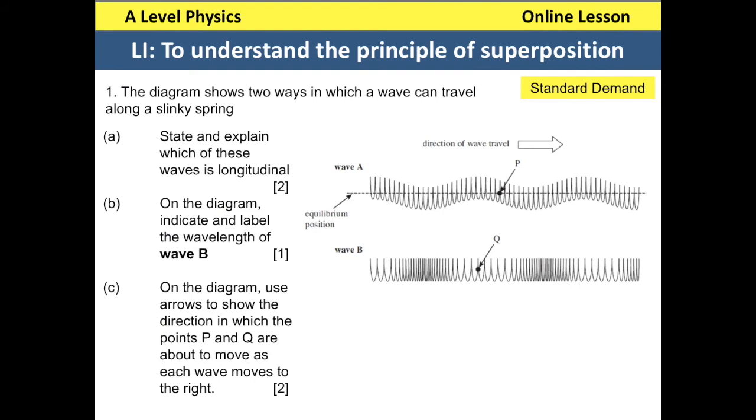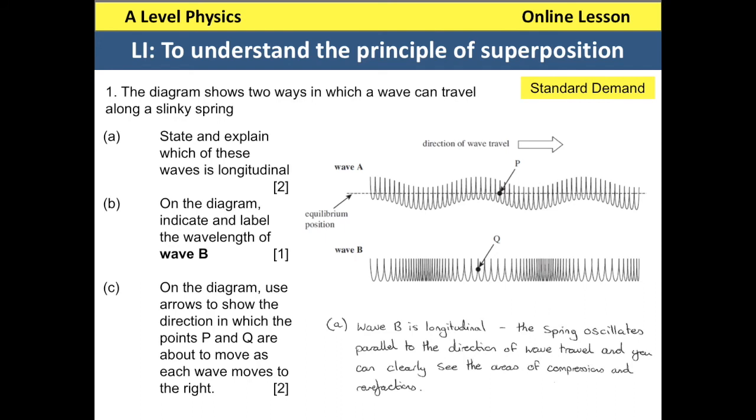Standard demand. The diagram shows 2 ways in which a wave can travel along a slinky. State and explain which of these waves is longitudinal out of wave A and B. Well, the one that's longitudinal is going to be wave B. We can tell that it's wave B because the spring will have to oscillate parallel to the direction that the wave travels or transfers energy, and we can also clearly identify that's longitudinal because it's made up of areas of compression and rarefaction.